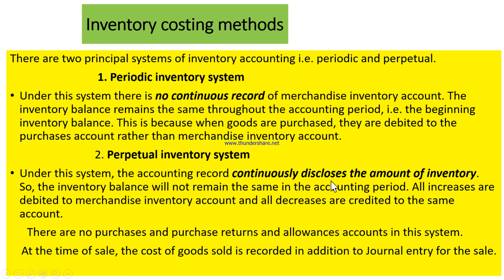All increases are debited to the merchandise inventory account and all decreases are credited to the same account. Therefore, there are no purchases and purchase returns and allowances accounts in this system. At the time of sale, the cost of goods sold is recorded in addition to the journal entry for the sale.